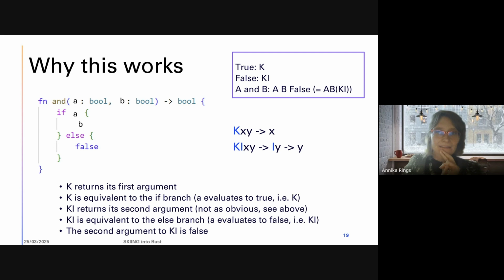And therefore, if you have another argument, you then have I and the second argument. And so this just returns the second argument, which in our case is false, because if A is KI, then B is the first argument, false is the second argument. So this is equivalent to this else branch here. So this is the deeper meaning behind why this type of representation works and how it actually works.